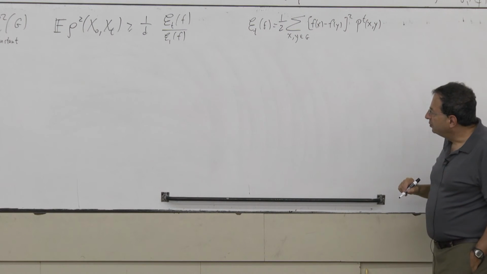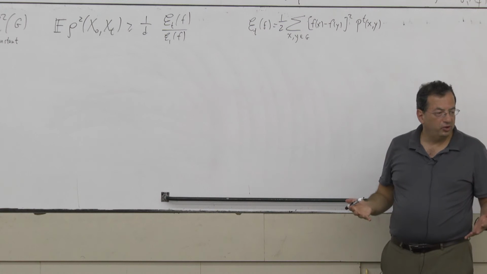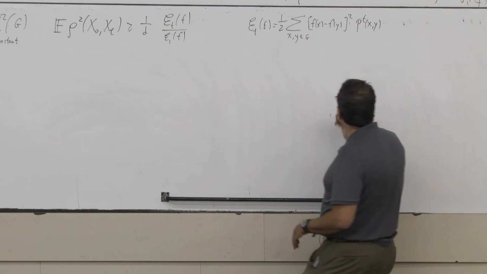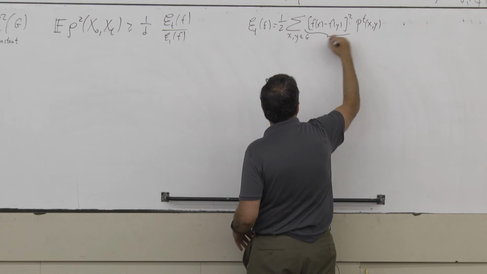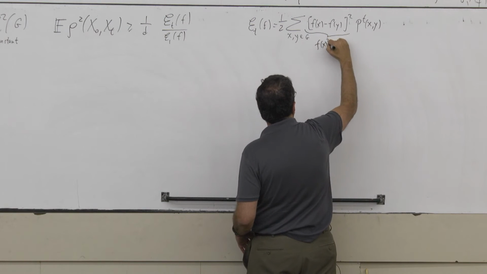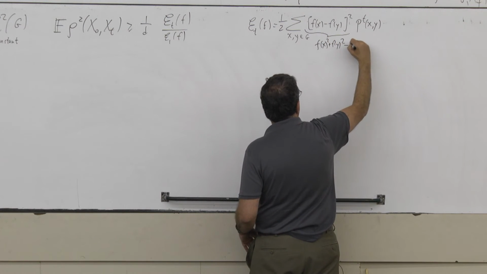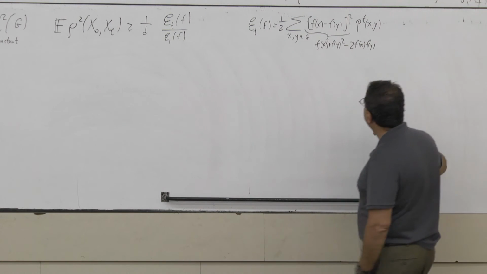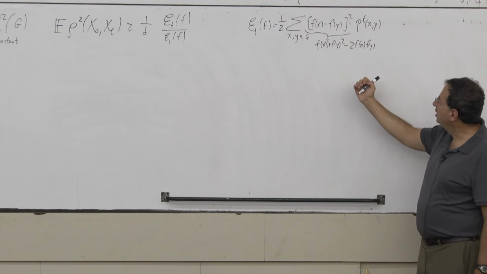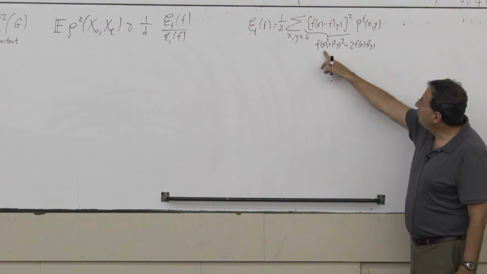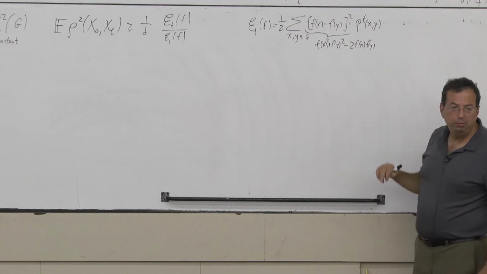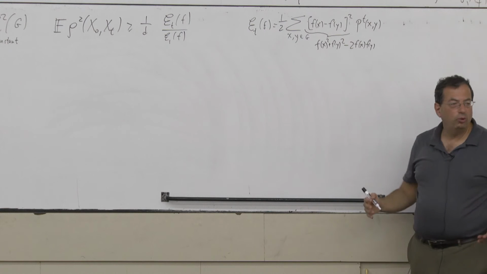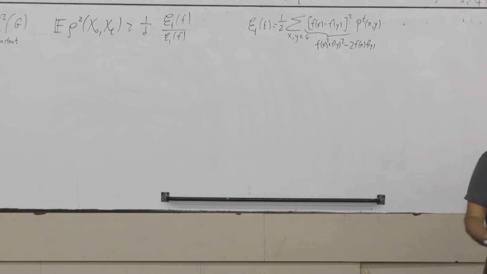Because the simple random walk is reversible, there is an alternative representation which is useful. If you take this square and expand it, you write it as f x squared plus f y squared minus 2 f x f y, and you look at each term separately. If you take f x squared multiplied by pt of x, y and sum over x, y, the sum over y of pt of x, y will just give you 1, so you just get the sum of f x squared.